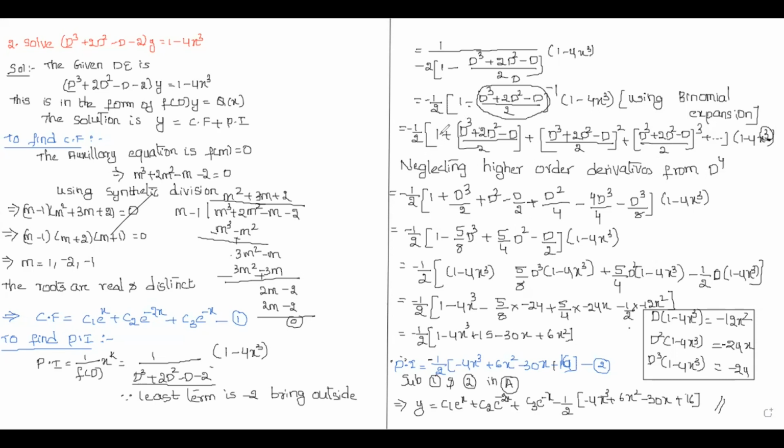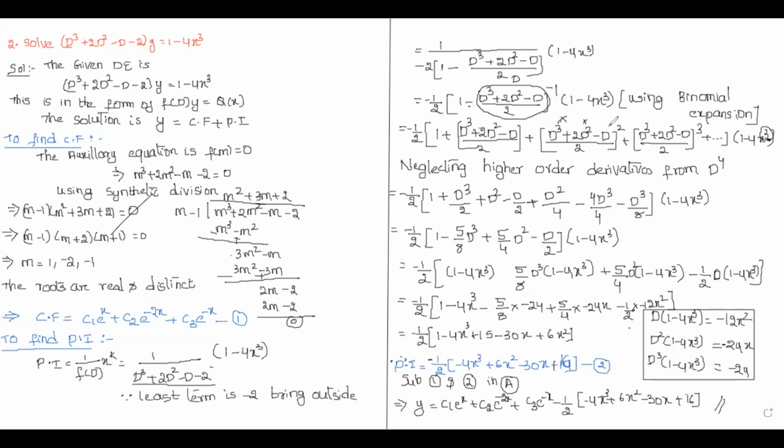First of all, observe the terms carefully. 1 will come. In this term, d cube by 2 plus 2 gets cancelled, leaving d square minus d by 2. Now in this whole square expansion, it will be d power 5, so you should not take this. Next, d square whole square becomes d power 4. This also does not come.